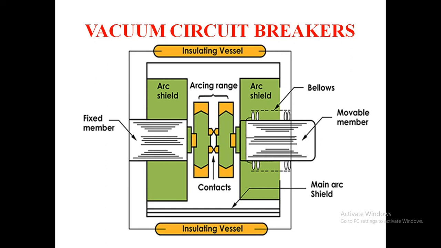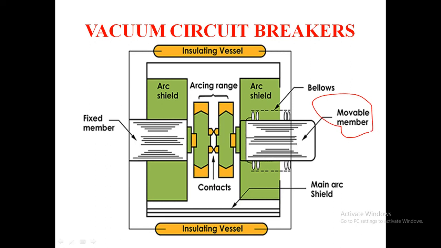Now, the main representation and details of the vacuum circuit breaker. As I told already, it consists of a fixed contact, moving contact, arc shield mounted, and a movable member, which is presented here. This is your movable member.